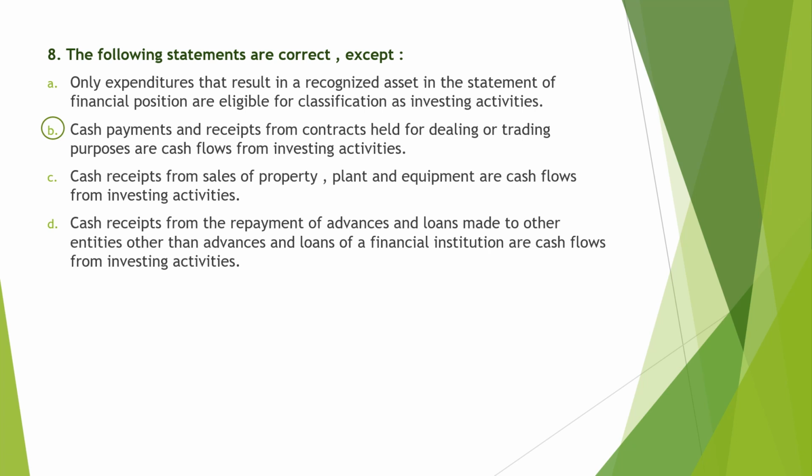Kumbaga dito, tayo yung nag-provide. And then, binayaran na tayo. Kasi pag nag-advance ka to other entities, meaning nag-invest ka sa kanila. Sa part nila, ikaw yung creditor. And then, sa part ni entity, siya yung investor. So, therefore, this cash flow should be classified as cash flows from investing activities.